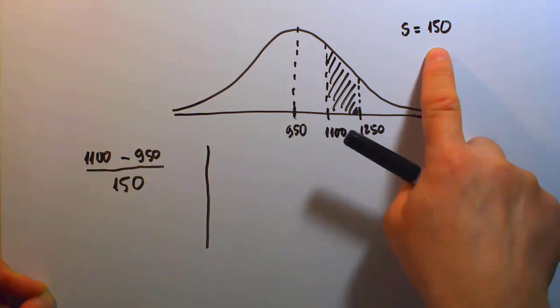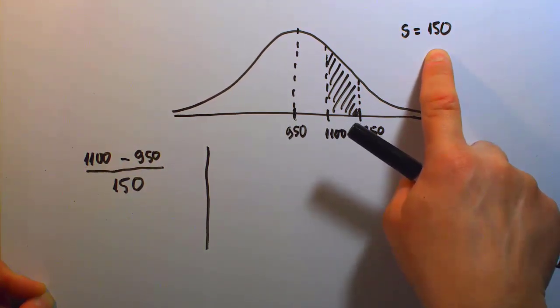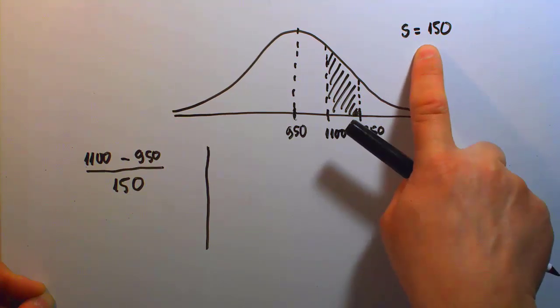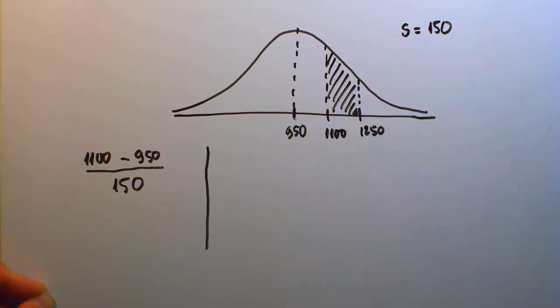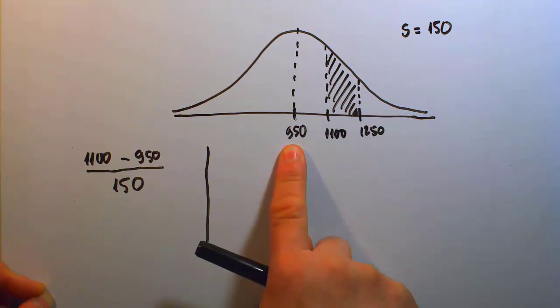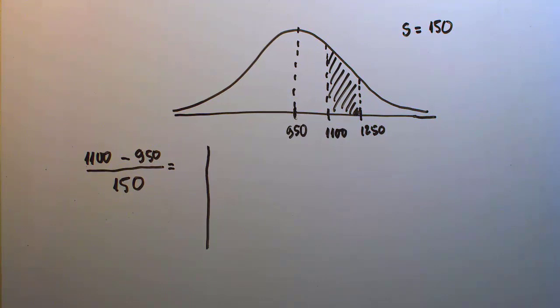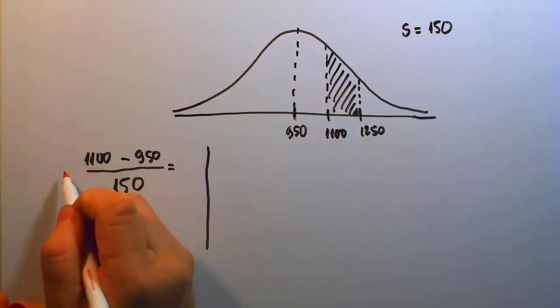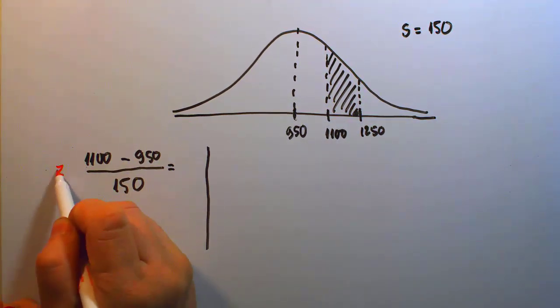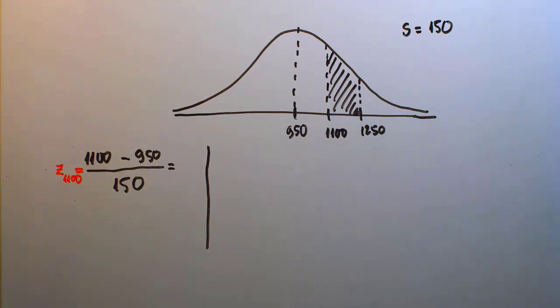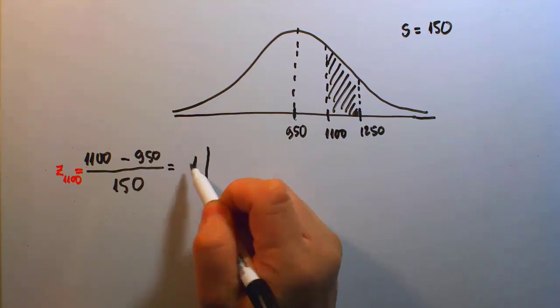Anytime we're working on a bell curve, I highly recommend noting the standard deviation value somewhere, and the mean placed right in the middle. This is the z-score for the low end of the interval. The z-score of 1100 equals this calculation, and calculated out, we got positive 1.